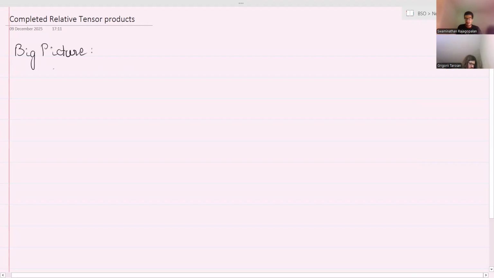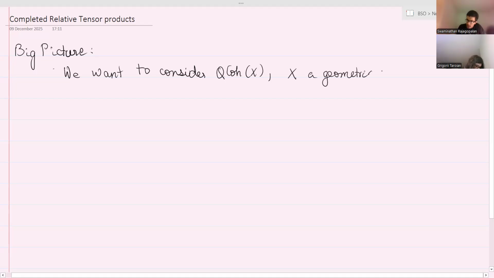As you all probably know, for Tannaka duality, we want to make a statement about QCoh of X. So we want to consider QCoh of X for X a geometric stack, and notably we haven't really talked about this yet.